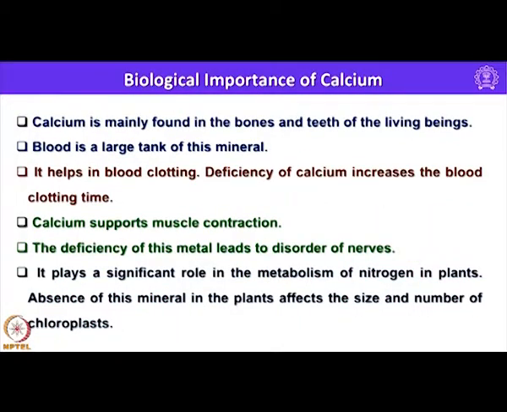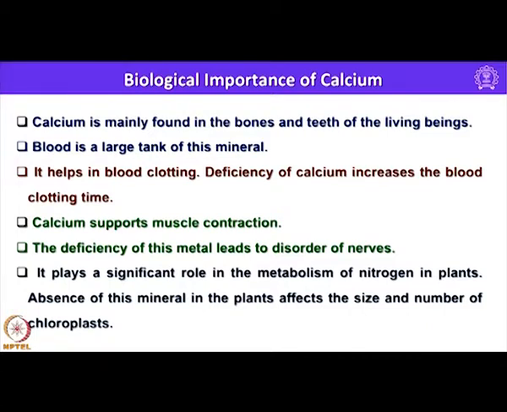Now, let us look into the biological importance of group 2 metals. First, let us focus our attention on calcium. Calcium is mainly found in the bones and teeth of living beings. Blood is a large tank of this mineral. In fact, it has all minerals that are essential for human to survive.